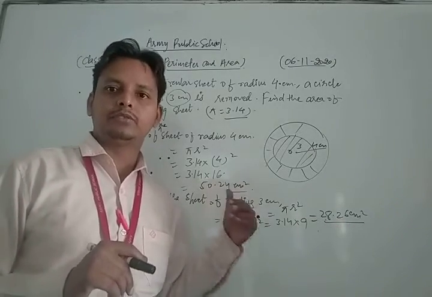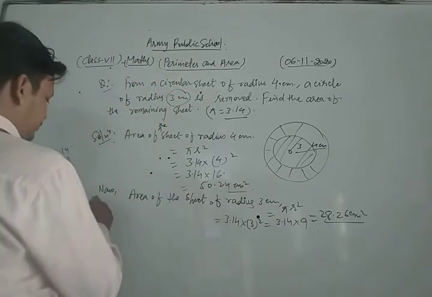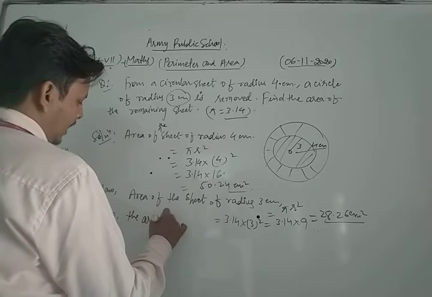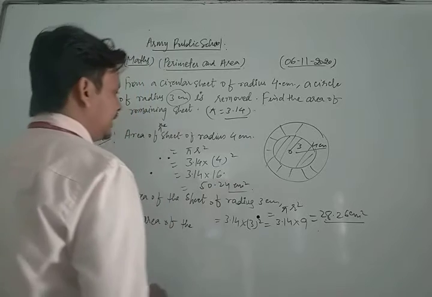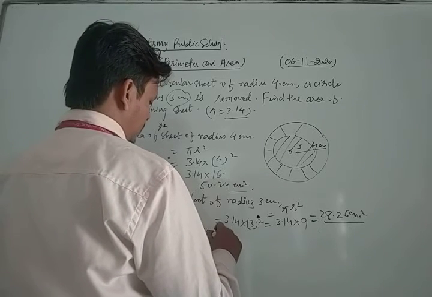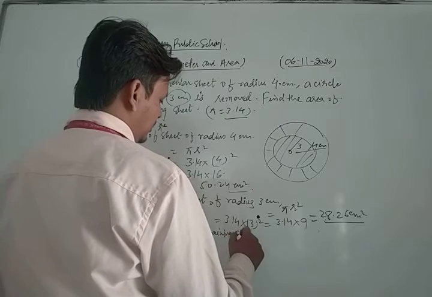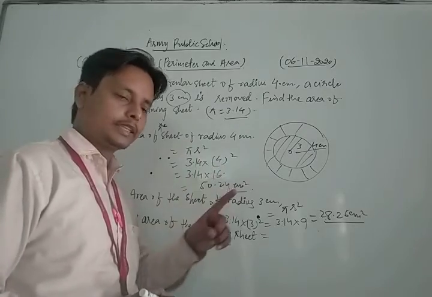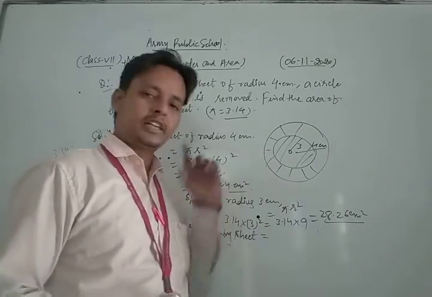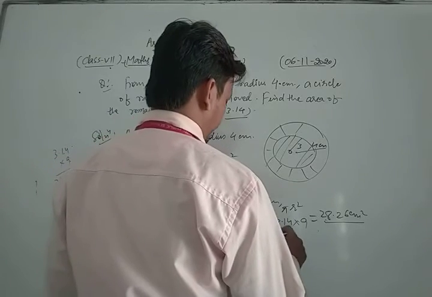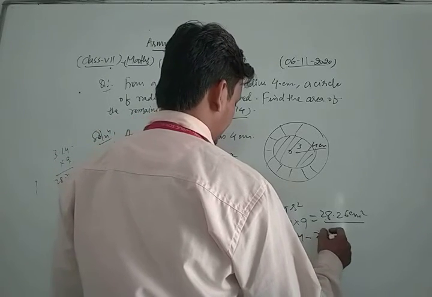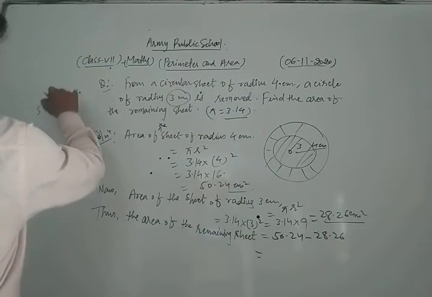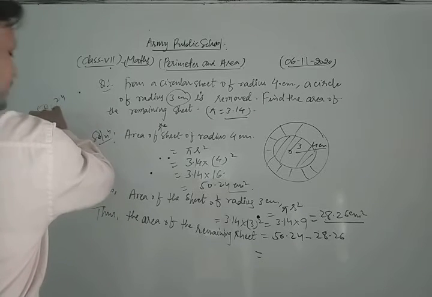Thus the area of the remaining sheet will be the area of the sheet of radius 4 centimeter minus the area of the sheet of radius 3 centimeter, which is 50.24 minus 28.26. Now we subtract them.